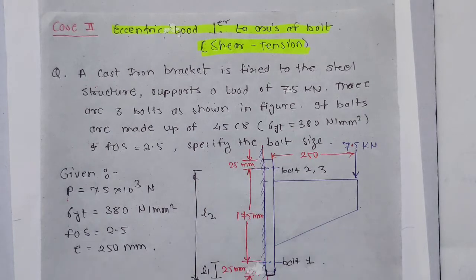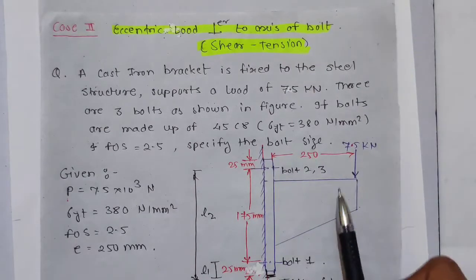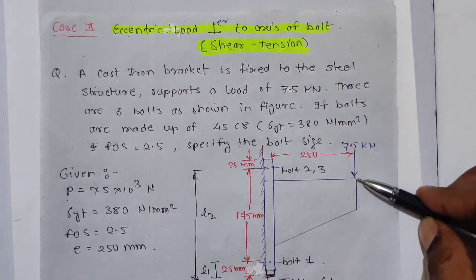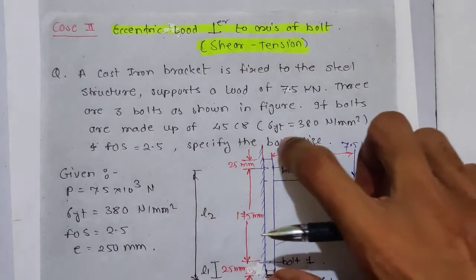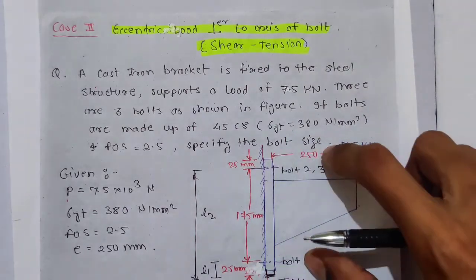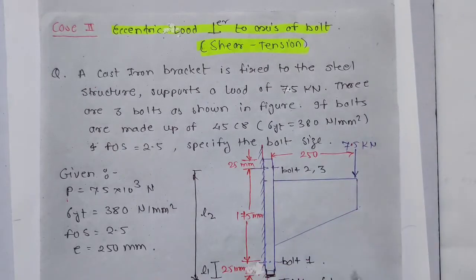And the distance of the second bolt is L2. This edge is known as the tilting edge. What is the tilting edge? When you apply this load, this whole structure is going to rotate about this tilting edge.